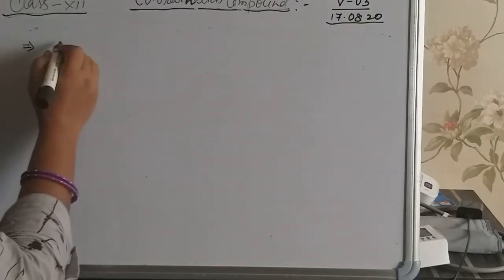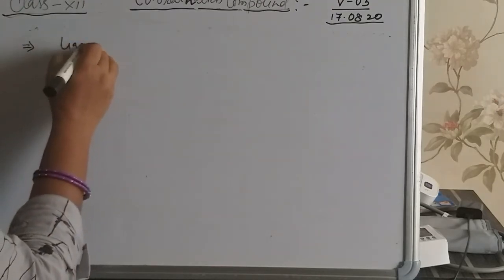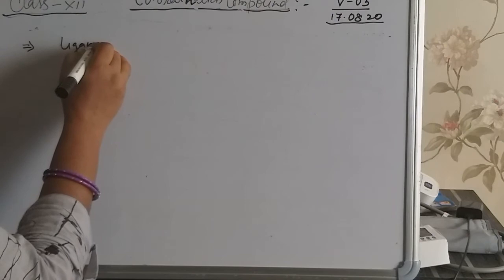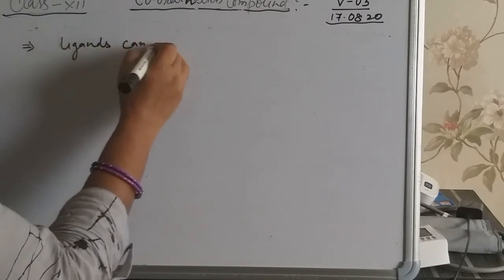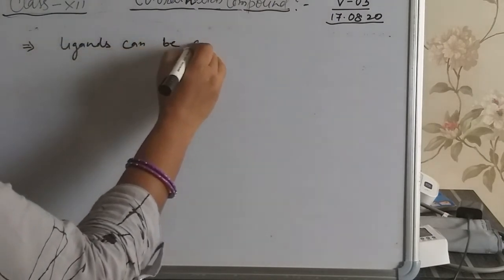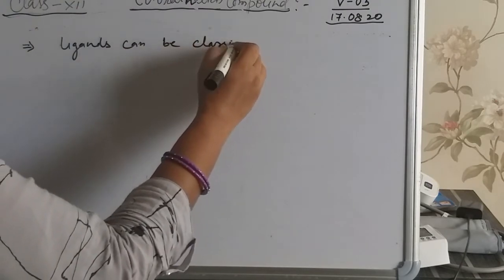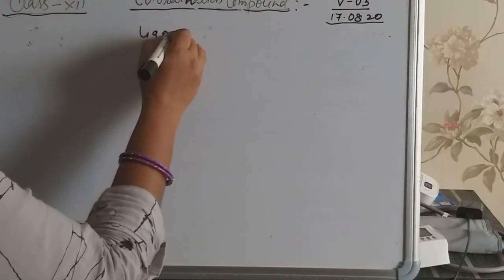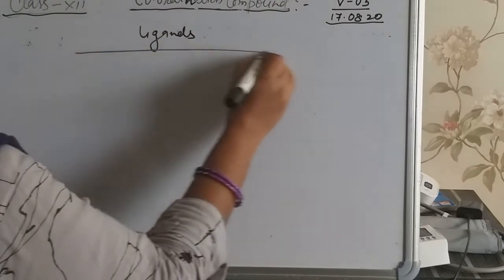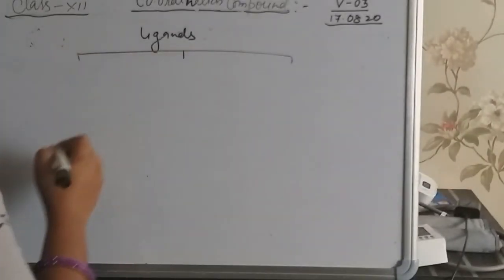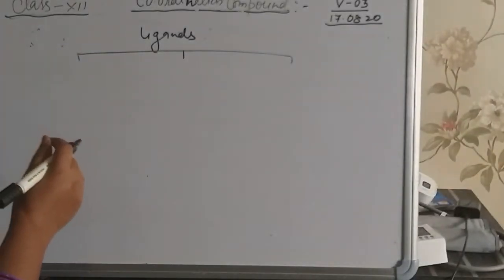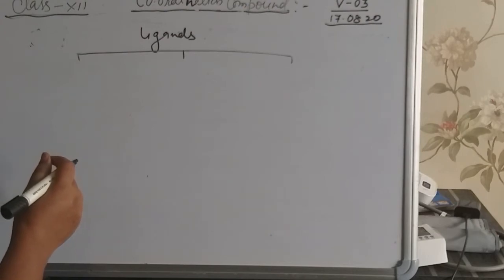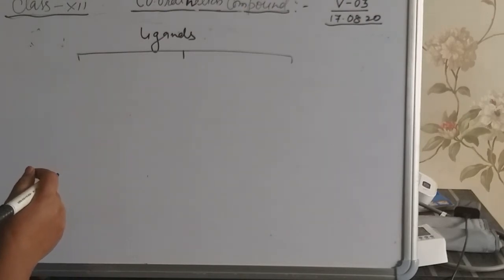Further, ligands can be classified. So we simply divide the ligands into three types: weak ligands, average ligands or strong ligands.